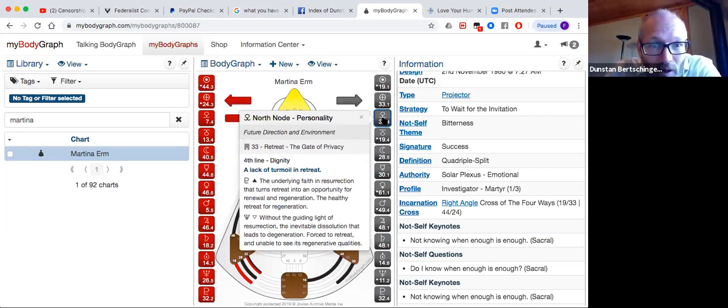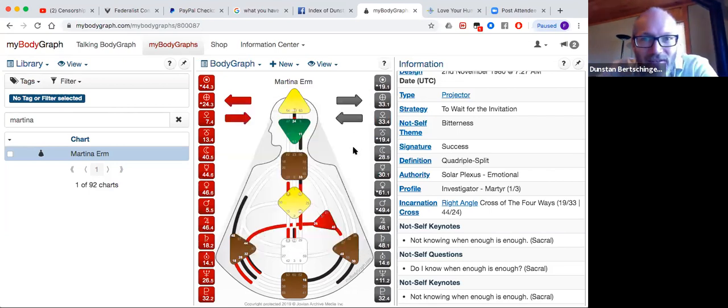And your 24, you only have it once. But those gates have got 7 activations on them, so they have a lot of activation. They're great places to start studying the gates for you.